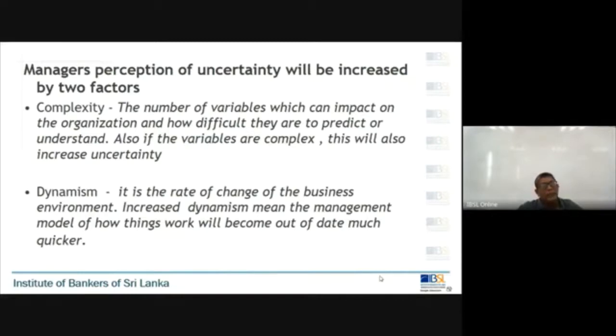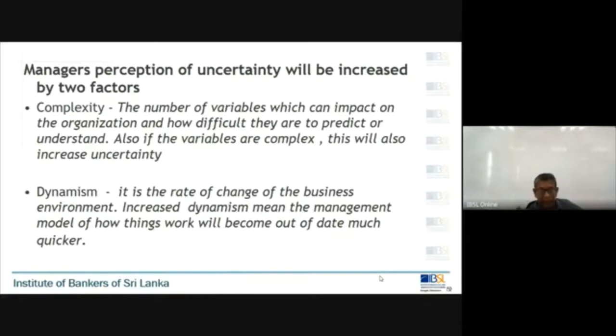And the second one is dynamism. What does dynamism mean? The rate at which the business environment is changing. What we have developed as a plan today may be outdated tomorrow.